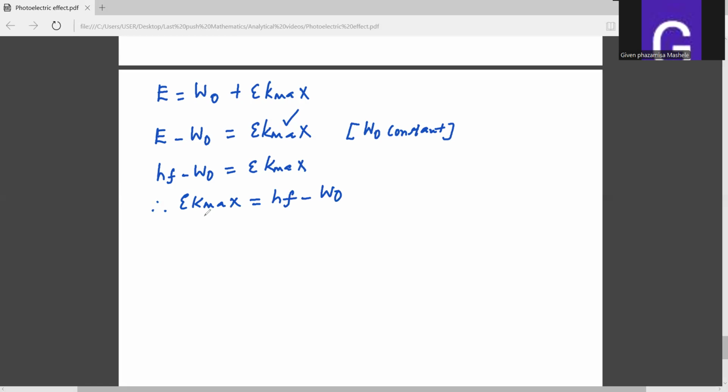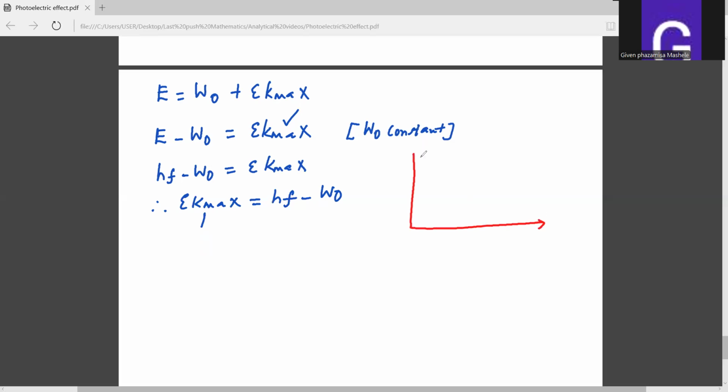Obviously, this EK max here will be our dependent variable, the Y. So I want to compare the relationship between kinetic maximum and frequency, because this is an exam typical question. I want to do something like this. Let's say we have a function, something like this.